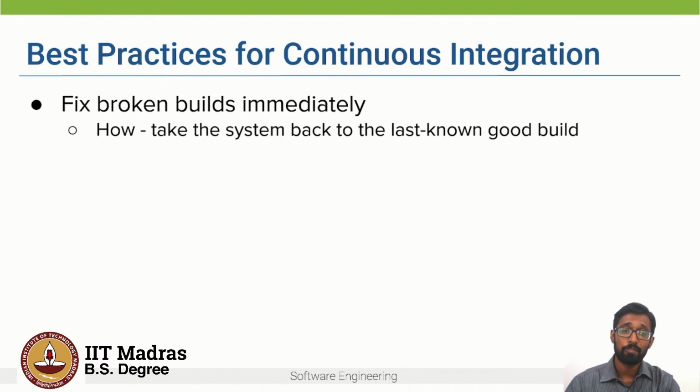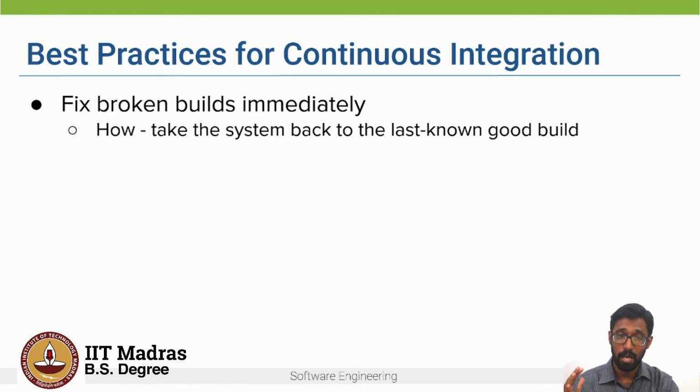Now let's say our build breaks, if there are some errors. Another important practice is that these broken builds have to be fixed immediately, and it should be a priority of the developers to fix broken builds.